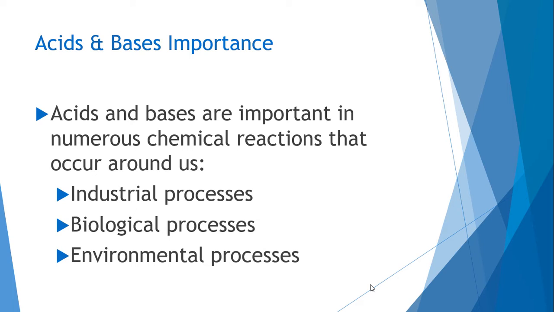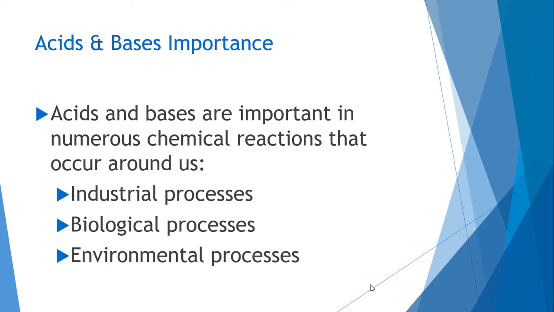Now, acids and bases actually have several importance. In fact, when we did acid-base titrations, I had you look up several important ways that we use acids and bases in our everyday life. Some people said if you have an upset stomach, you take Tums to relieve your stomach acid. If you're brushing your teeth, sometimes those have different acid-base reactions to help whiten your teeth.